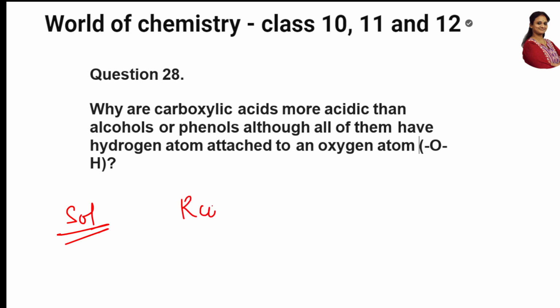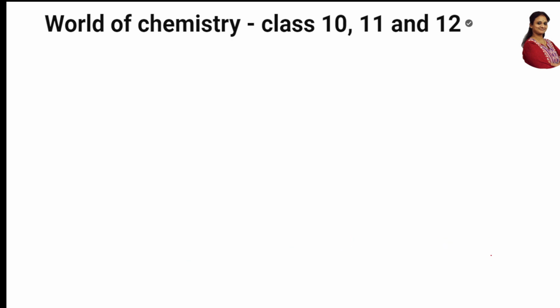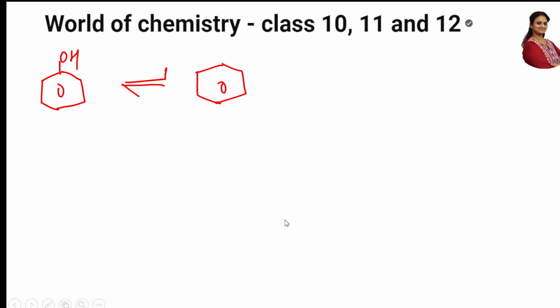In the case of carboxylic acid, when I break it, I'm going to get carboxylate plus H plus. Let us take alcohol now: I'm going to get RO minus and H plus. In the case of phenols, when I cleave a phenol compound, it breaks and forms a phenoxide ion instead.